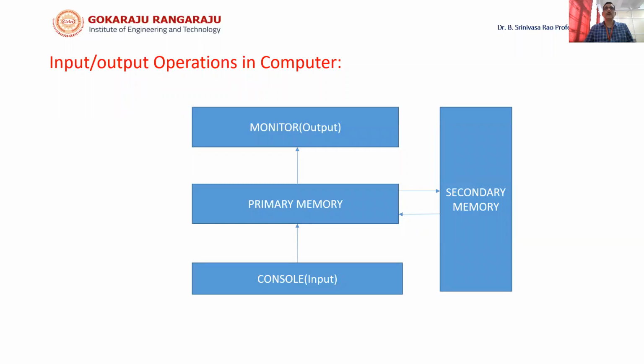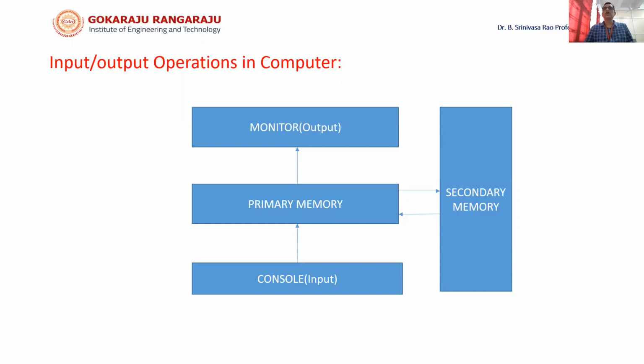Similarly, the monitor or screen acts as an output, and there are some auxiliary outputs like the printer, etc. Now, in the CPU, we have a primary memory, and to store bulk data, we have the secondary memory. Through input, that is through the keyboard, the data goes to primary memory, and once the primary memory is full, it goes to the secondary memory.